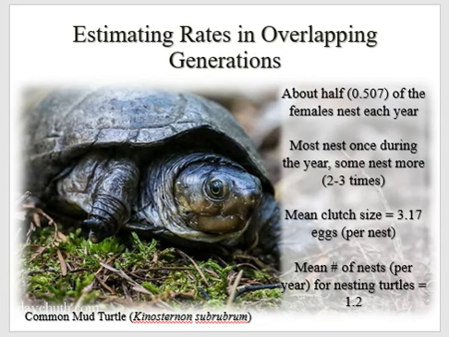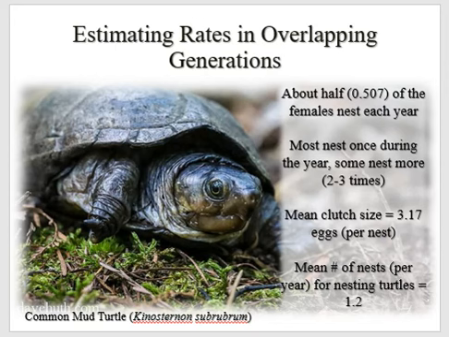And of those females that do nest, most will nest only once during the year. Some will nest twice or maybe 3 times. But the mean number of nests per year for the nesting turtles is 1.2, which means that 20% of the turtles produce a second nest each year.